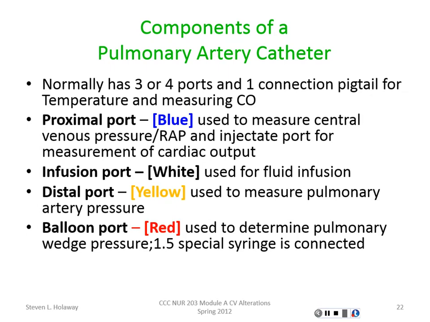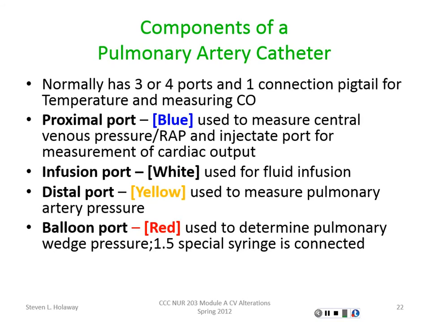The red port comes with a special syringe that can only be drawn back to 1.5 cubic centimeters, or in this case it is cubic centimeters because I'm measuring air. So it only goes 1.5 cc's. That's the maximum amount of air that you will put in the balloon.